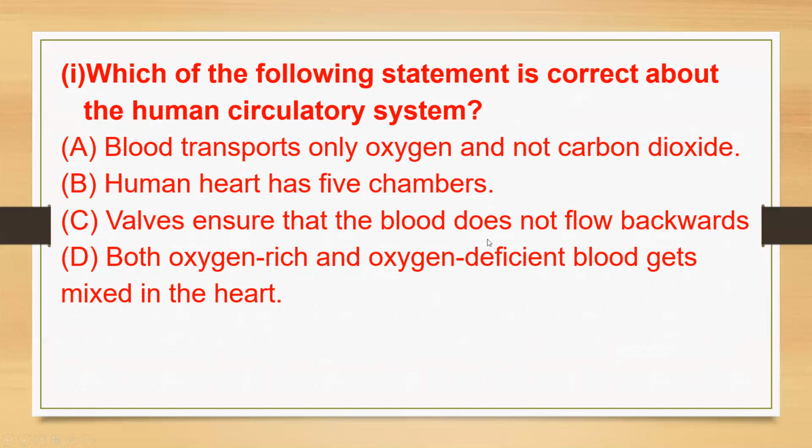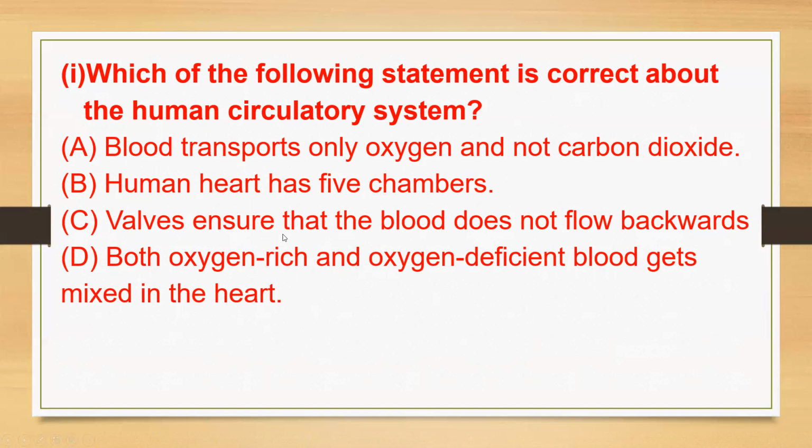Yes, veins have valves there. Small valves are there inside the veins that prevent backflow of blood. Next, D, both oxygen-rich and oxygen-deficient blood get mixed in the heart. It is not possible. No, it is not happening.